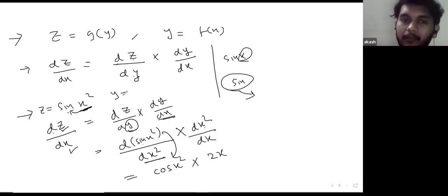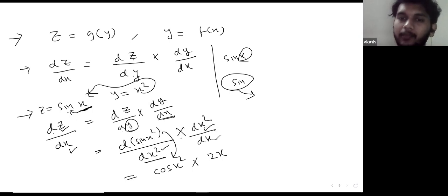What is y here? Y here is x square, right? This x square is the input of sine, right? So we differentiate with respect to x square first, then multiply with the differentiation of x square with respect to x. Now why does this happen?